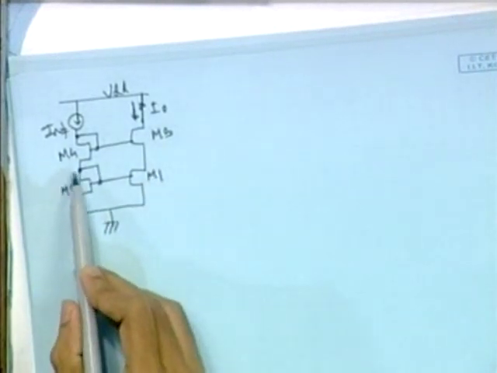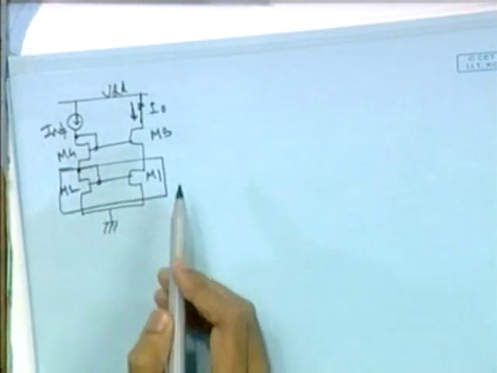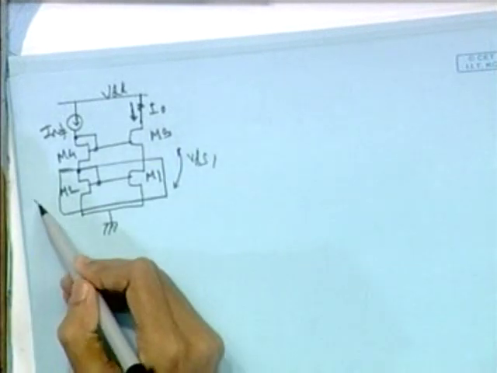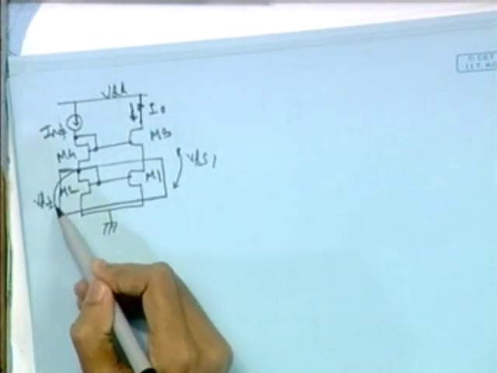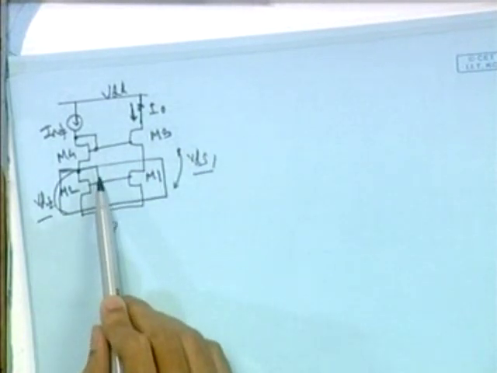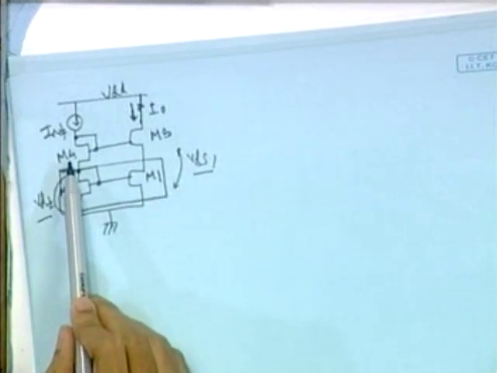Now these two are our basic, simplest current mirror, and this is VDS1, this is VDS2. We want to make VDS1 equal to VDS2. This is our prime objective. And to do this, we have to use two more transistors, M4 and M3.